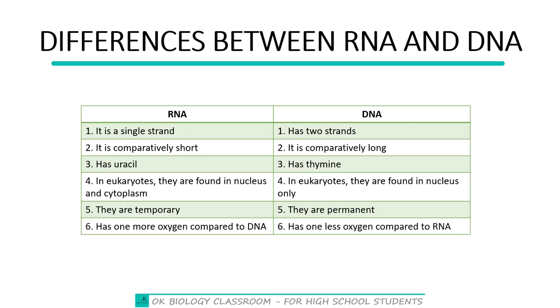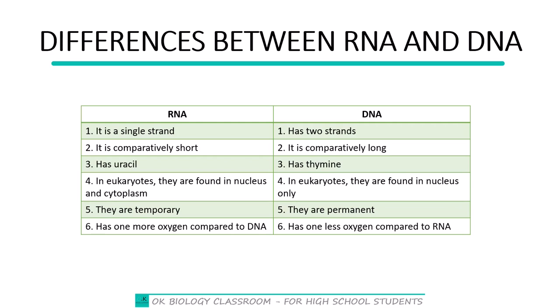RNA in eukaryotes is found in the nucleus and in the cytoplasm, but DNA is found only in the nucleus. And RNAs are temporary structures because they are formed when they are needed. For example, the messenger RNA is formed when it is needed. But DNAs are permanent structures because they are fixed within the nucleus.